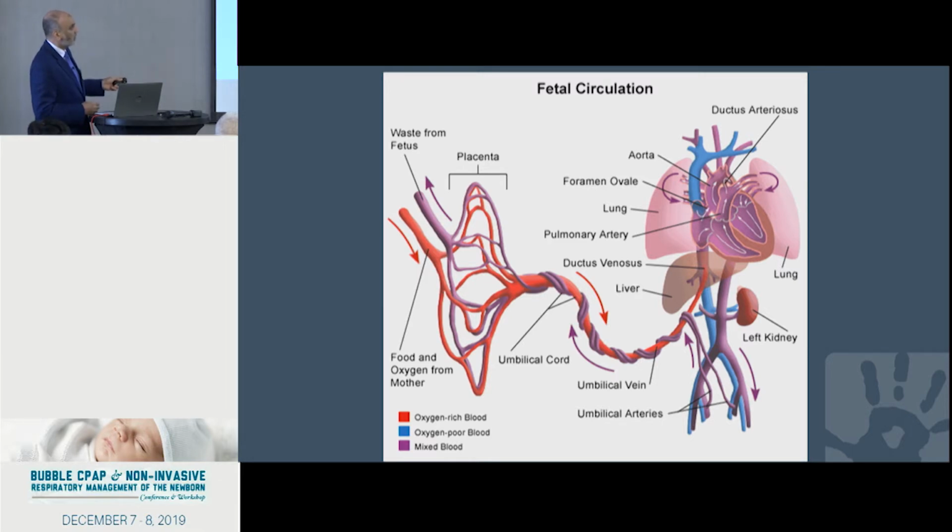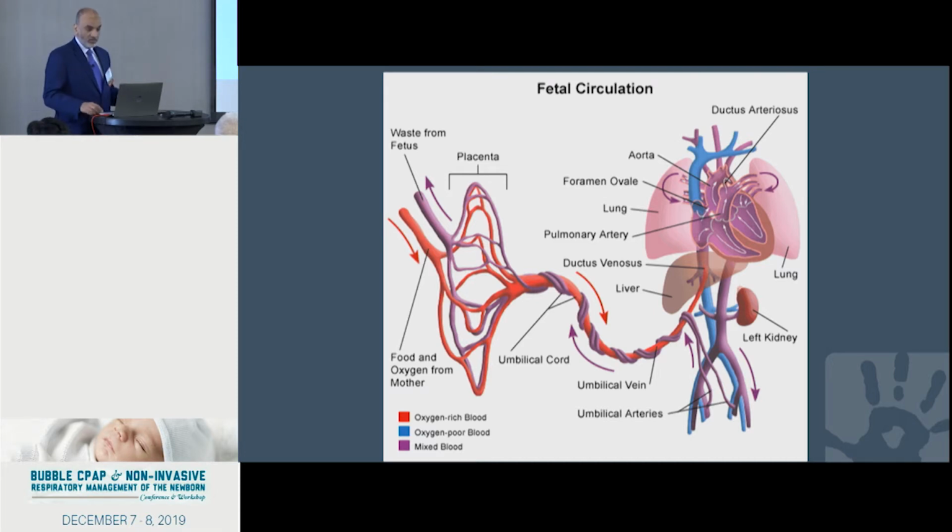So primarily, in the fetal circulation, the shunt occurs at the atrial level, and then secondarily at the ductal level. But the difference between the fetal circulation and pulmonary hypertension, though the physiology is the same, is that 50% of blood is in the placenta.